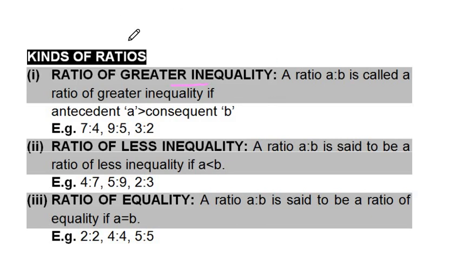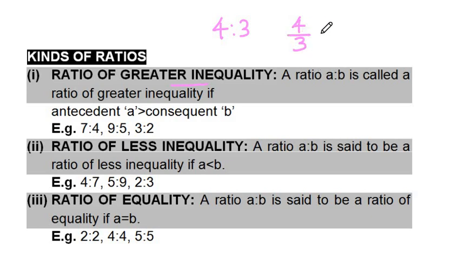Right. So what is ratio of greater inequality? For example, you take the ratio 4 is to 3. I said already, you can also write 4 is to 3 as 4 by 3.